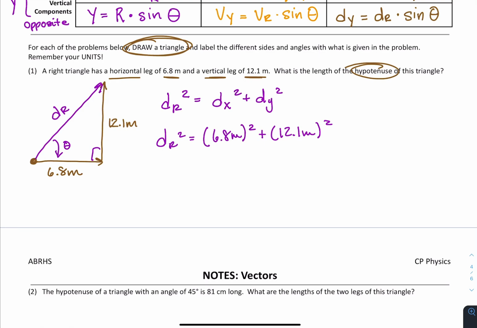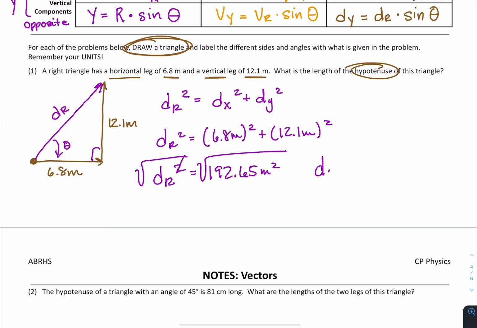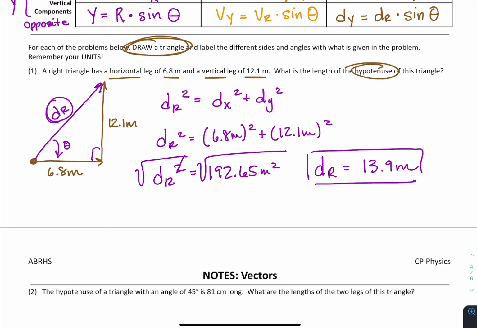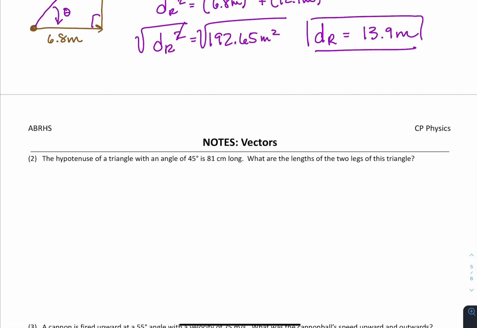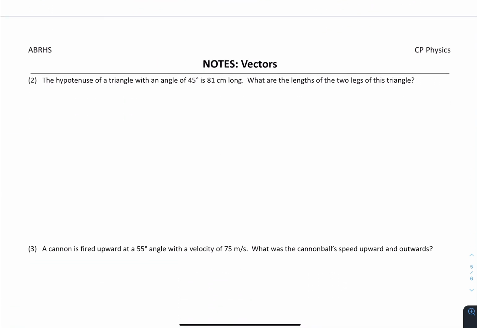If we work our magic with our calculators, we square these two numbers, add them together, and then we have to take the square root of both sides. It's going to be in this ballpark. So we're going to have 192.65 meters squared, and then we take the square root, and we find that our resultant vector has a length of 13.9 meters. So that is this value. Okay, so let's go down and look at one where we've got the angle and the hypotenuse this time.